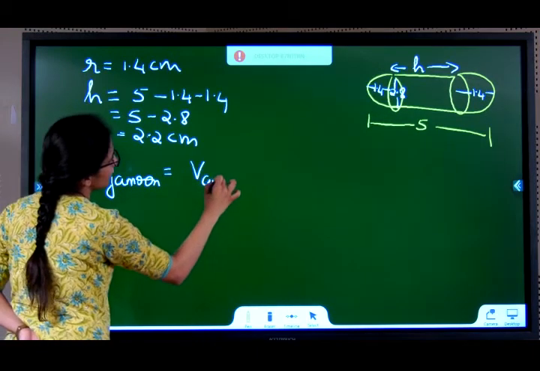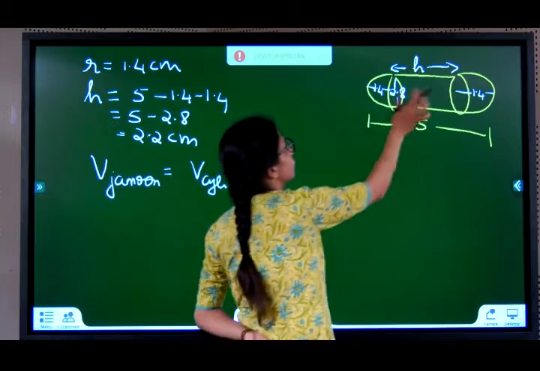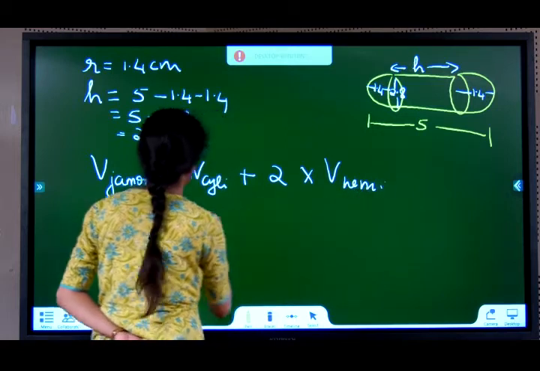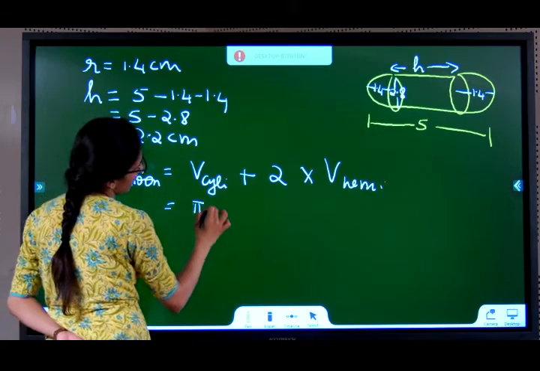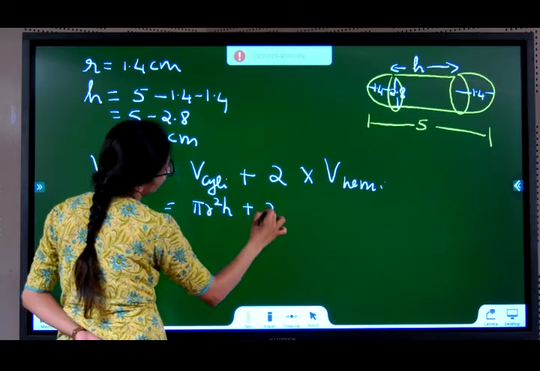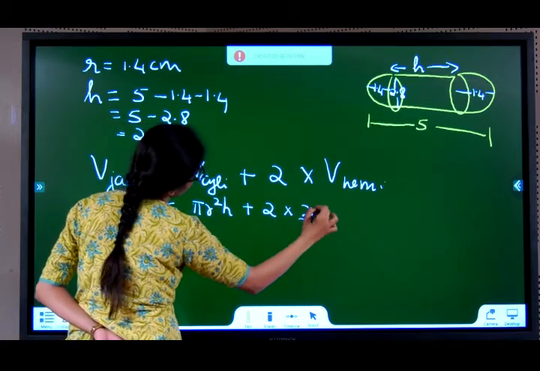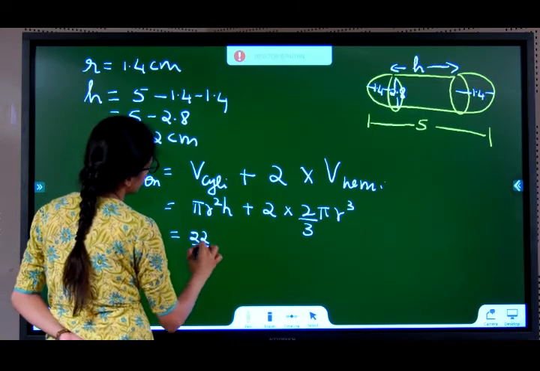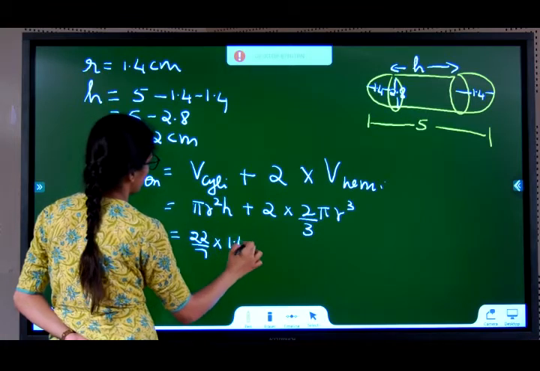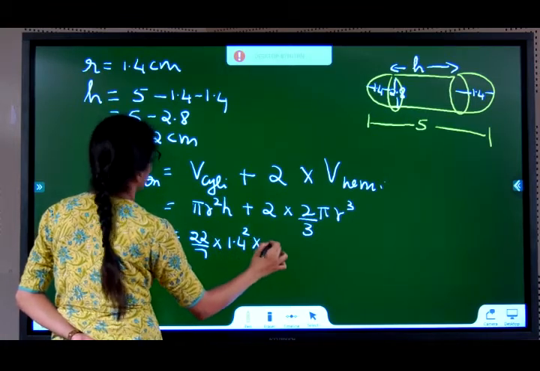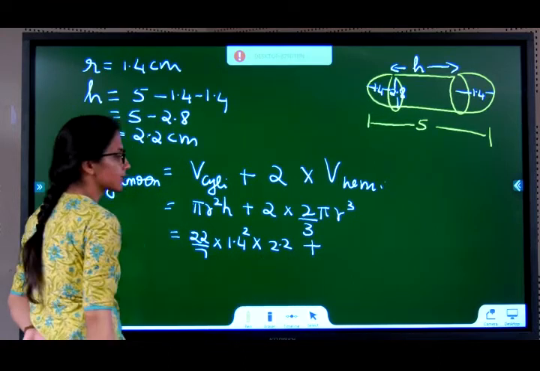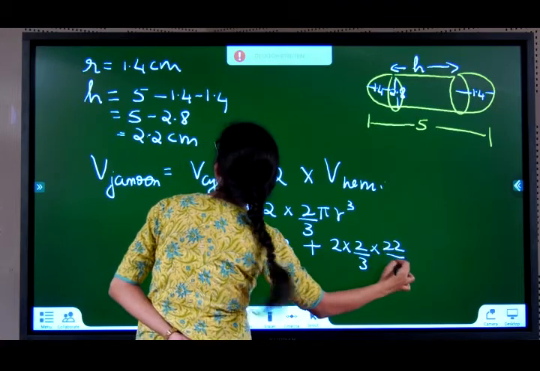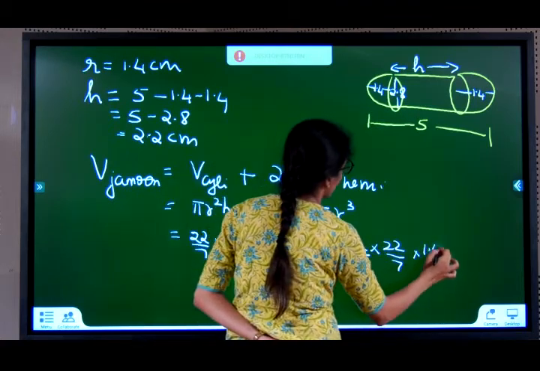So what is the volume of the jamun? I can say volume of cylinder plus the two hemispheres. So 2 times volume of hemisphere. Volume of cylinder pi r square h plus 2 into volume of hemisphere 2 by 3 pi r cube. 22 by 7 into r 1.4 square into h 2.2 plus 2 into 2 by 3 into 22 by 7 into 1.4 cube.